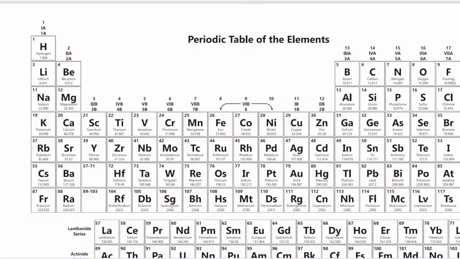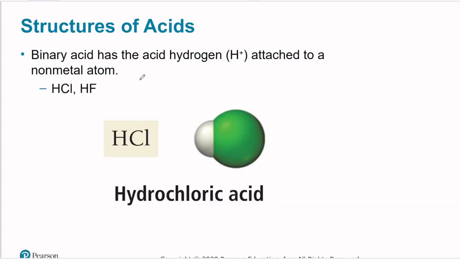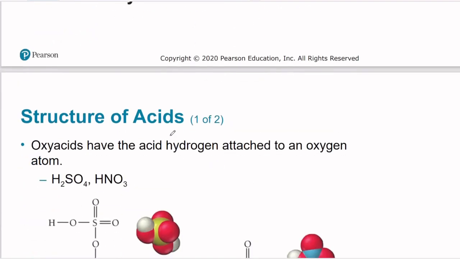So here we see the halogens, fluorine, chlorine, bromine, and iodine. And these are the ones we see most commonly. And when those combine with hydrogen, they form the halo acids, HF, HCl, HBr, and HI. So these are our binary acids.